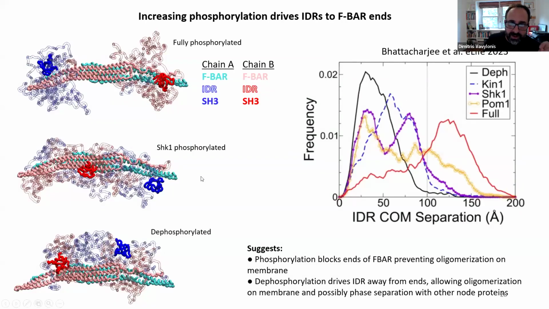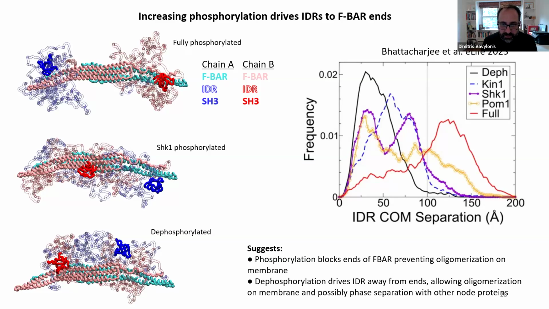When we now remove all these charges, we can see a dramatic effect in the simulation, where they go from a segregated disordered region at the ends of the F-bar to a collapsed configuration of these disordered regions towards the middle.